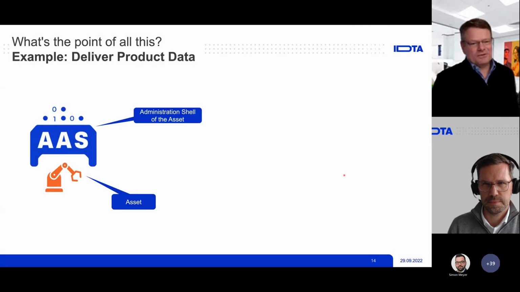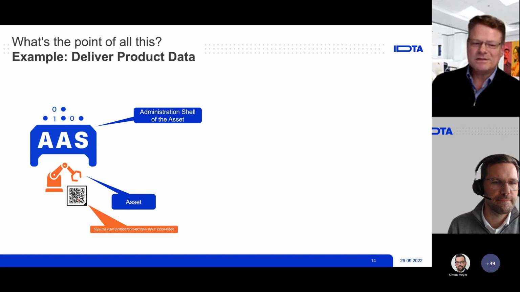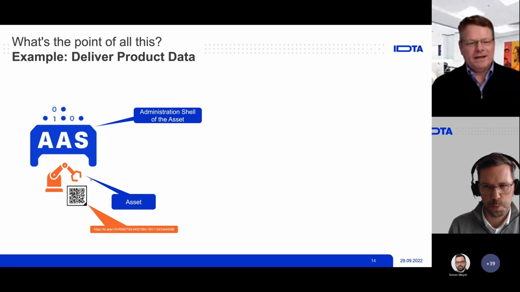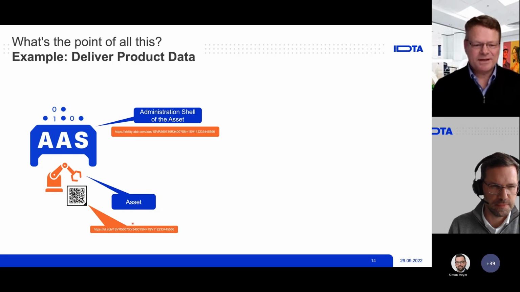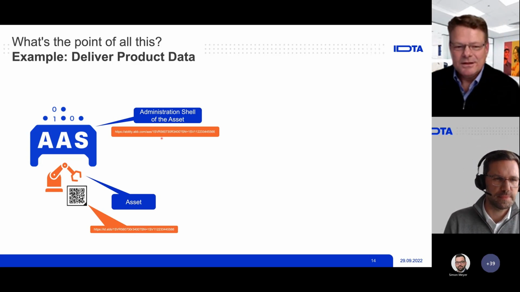In Industry 4.0, we do exactly the same thing. So we have the asset. We give it a fingerprint in the form of a QR code, which unambiguously identifies this one individual asset. And we have the asset administration shell, and it gets an identifier. You notice that these identifiers look like internet addresses, and they are internet addresses.